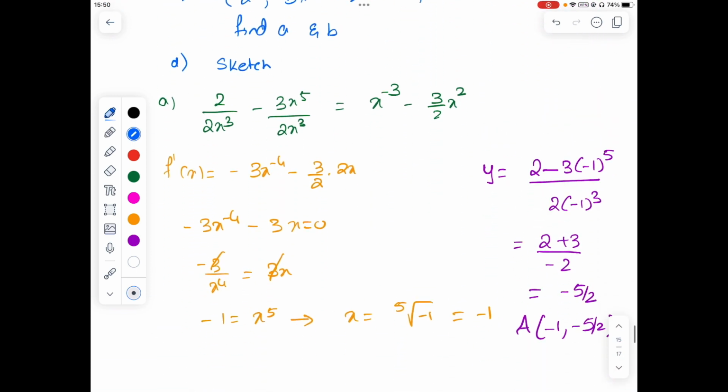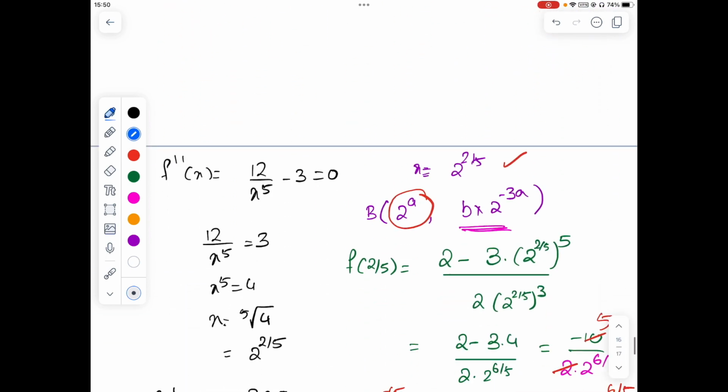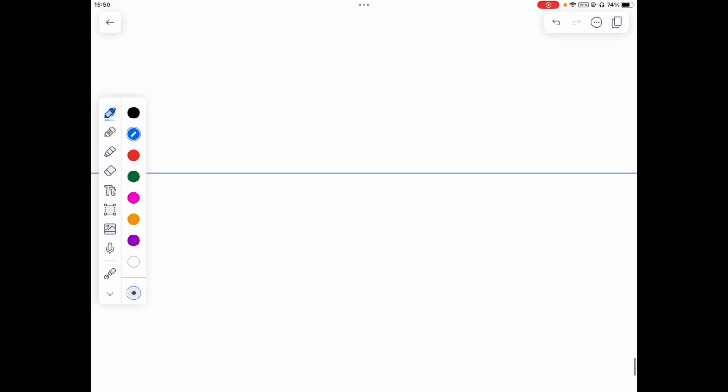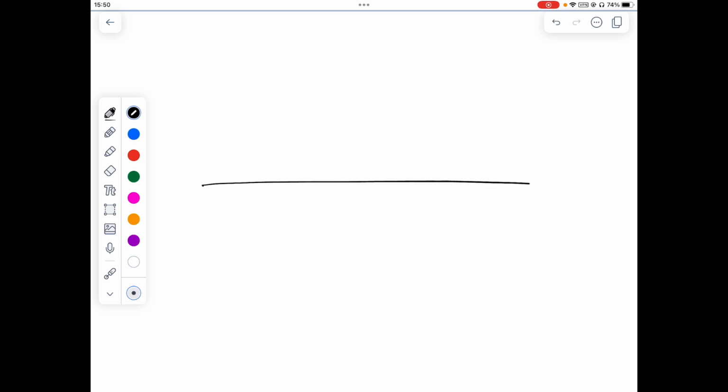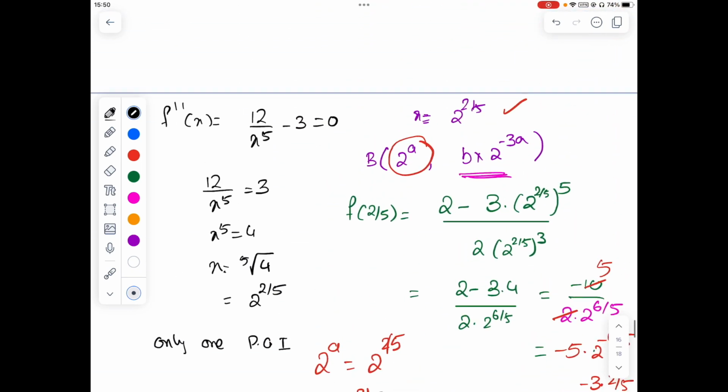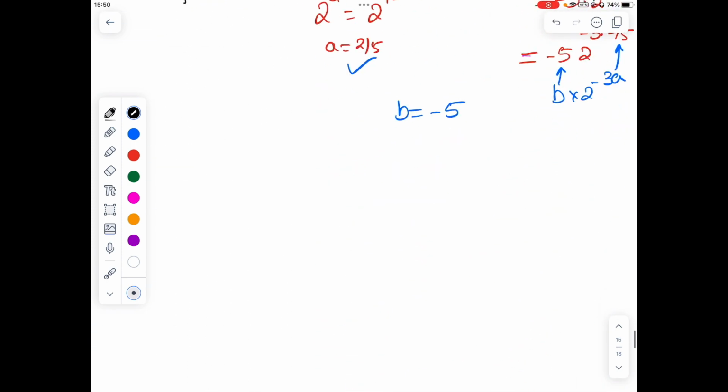Now, coming to the last part, he is asking us to sketch the graph. So how should I sketch the graph? I take the x-axis and y-axis over here, and what we have done is, we know that there was a maximum point. What was the maximum point of A? Negative 1, negative 5 upon 2.